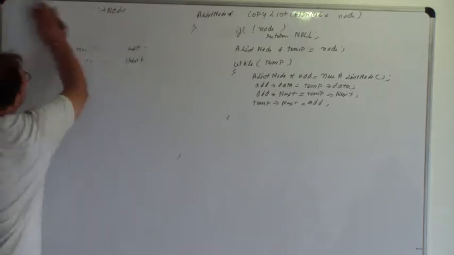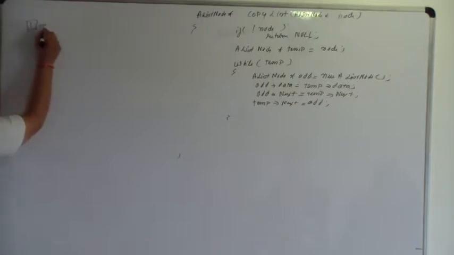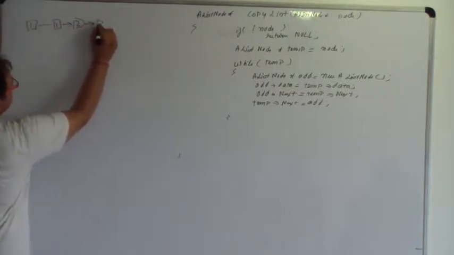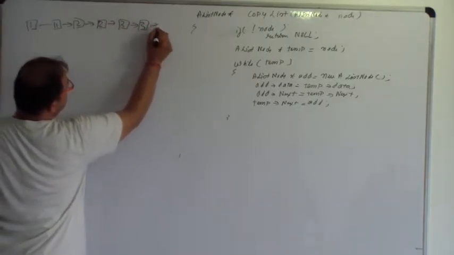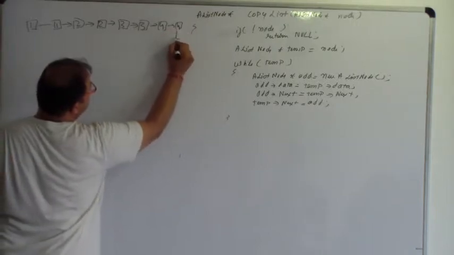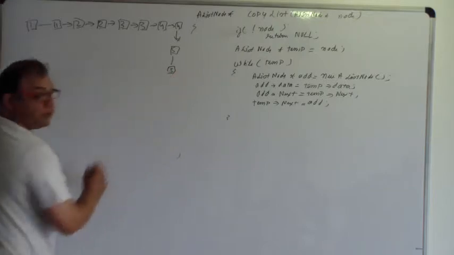At this point the list looks like 1 1 2 2 3 3 4 4 5 5.